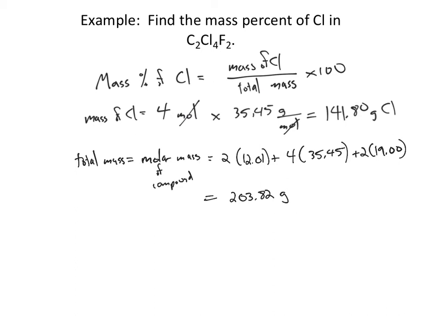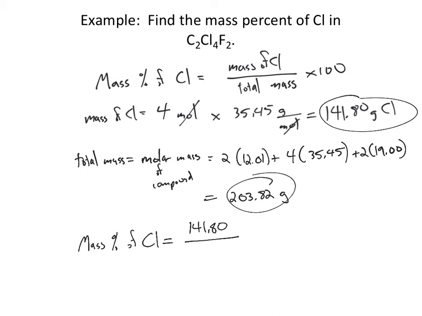So then the mass percent of chlorine is just the mass of chlorine divided by the total mass, and I get 69.57%.